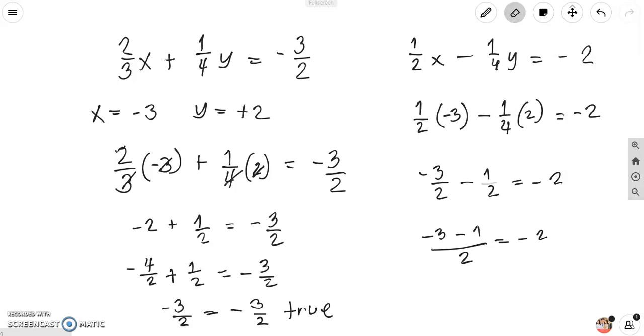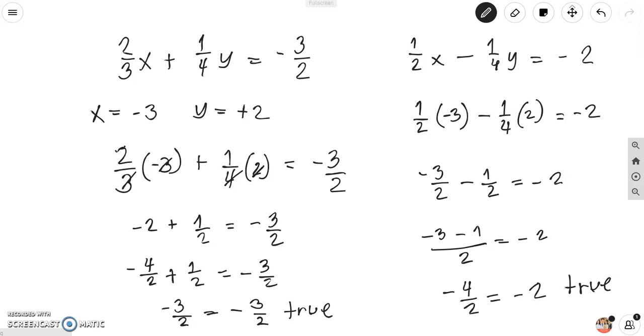So the equation will give us negative 4 over 2 equals negative 2. This means this one is true, because the original equation that we have is negative 1/2 x minus 1 over 4 y. The positive is over here. So that's all.